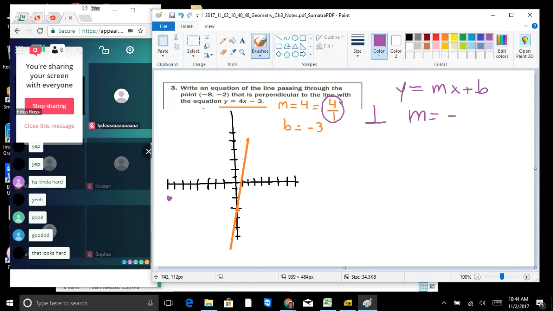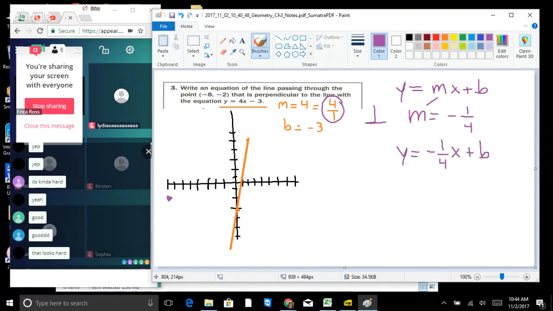Since it's positive, it'll be negative, and the reciprocal is 1/4. Okay, so I filled in what my slope is. So y equals -1/4 times x plus b.